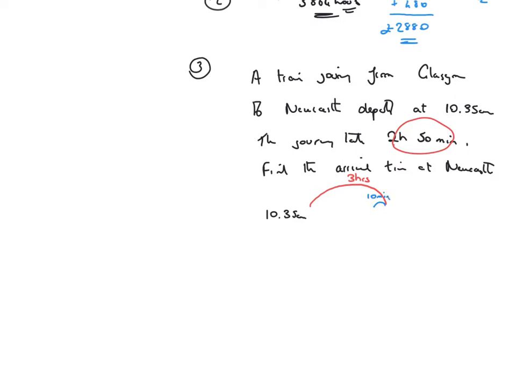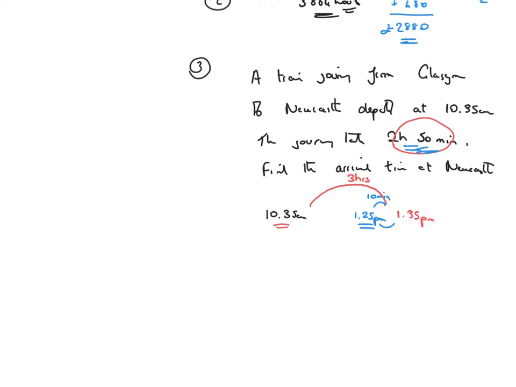That would be equivalent to 2 hours 50 minutes. If we jump on 3 hours, that would be 10:35 to 11:35 to 12:35 to 1:35 p.m. But it's only 2 hours 50 minutes, which is 10 minutes less. So we jump back 10 minutes, which gives us our arrival time, 1:25 p.m.